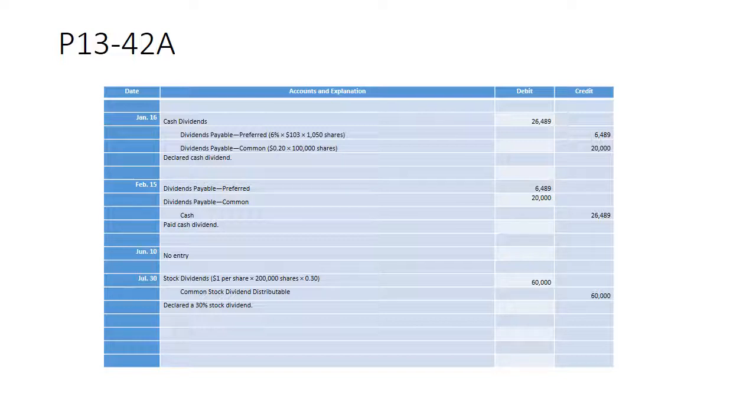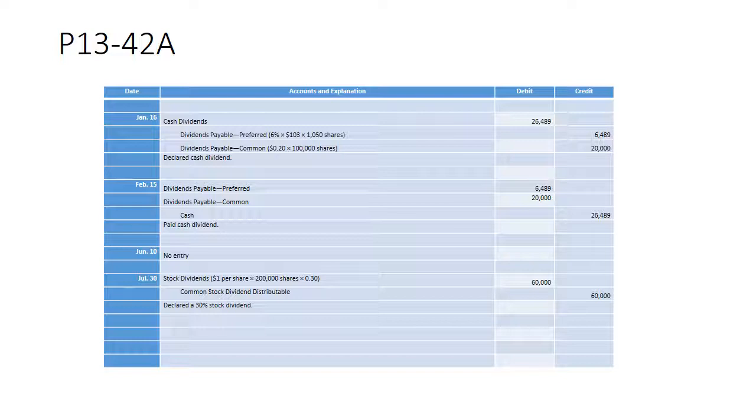In this declaration, they don't give us the total amount of the dividend. They tell us we're going to give preferred stockholders their normal dividend, and common stockholders, who have 100,000 shares outstanding, and that's what we'll use, the 100,000 shares, will get a 20 cents per share dividend. Multiply 100,000 times 20 cents, $20,000. So you would credit dividends payable common $20,000.